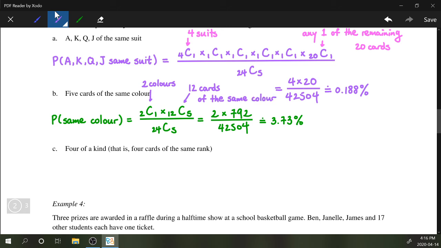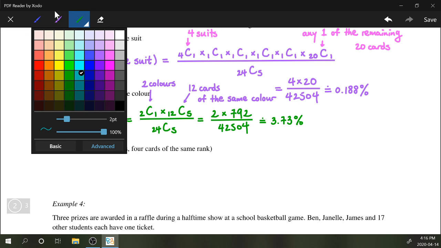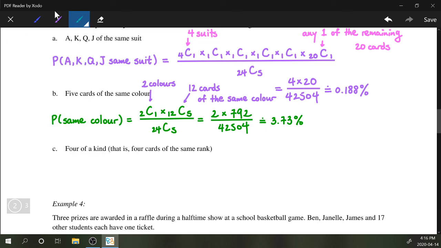All right, so last part, we have 4 of a kind. So let's look at how that's calculated, the probability. So we have 4 of a kind. So there are 6 different ranks in this version of the card game. So we're going to choose one of the 6 ranks.